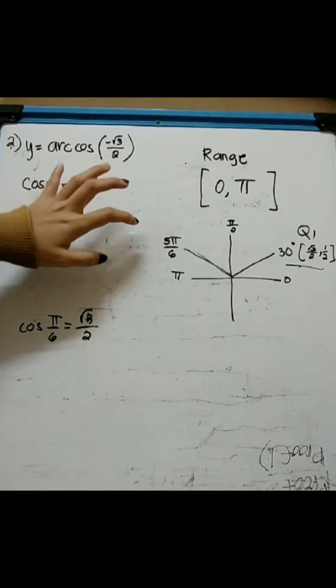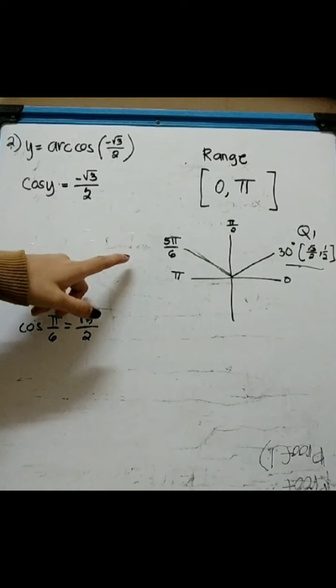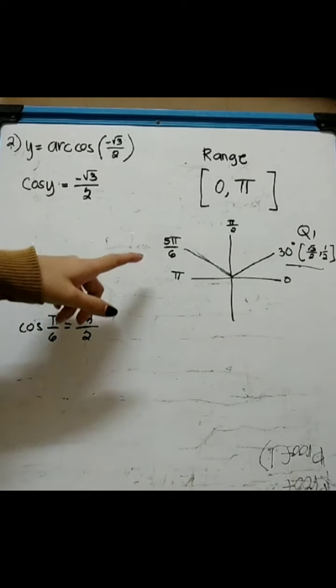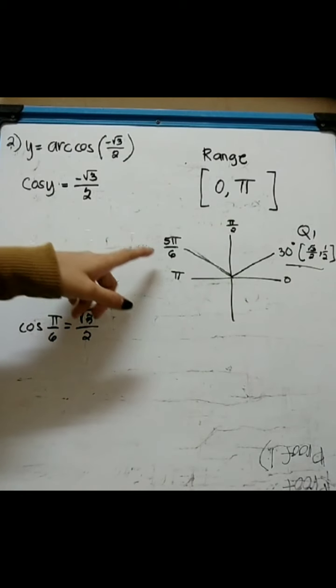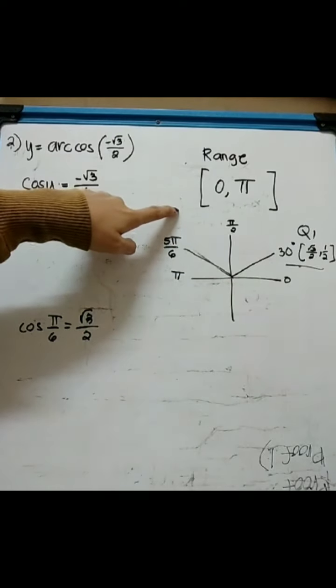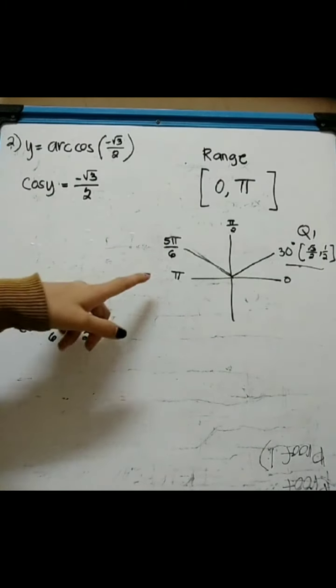Because cosine is the x-coordinate in the unit circle, so the angle that's a multiple of pi over 6 that's in quadrant 2, y has to be 5 pi over 6. So our cos function exists in quadrant 1 and quadrant 2, and also 150 degrees is in the range of between 0 and 180 degrees.